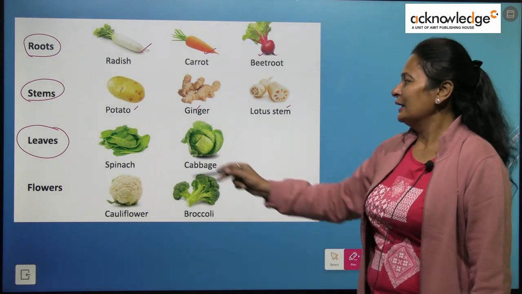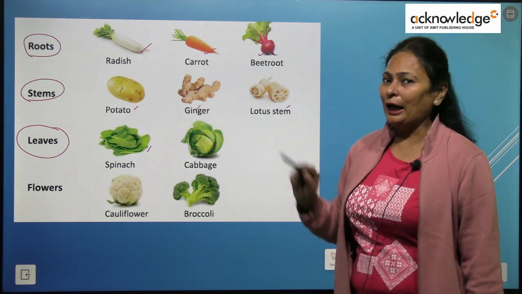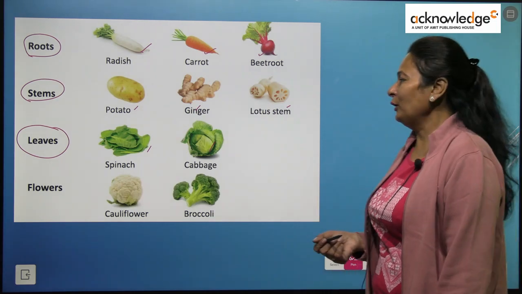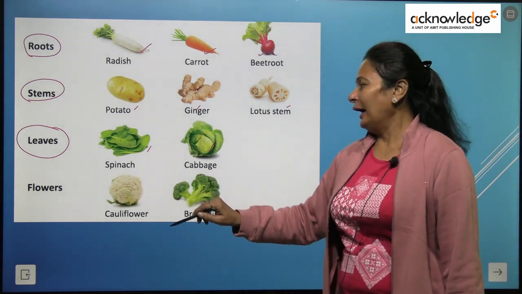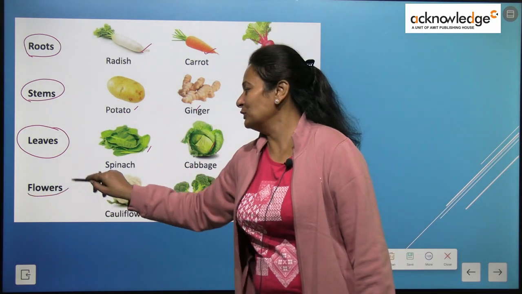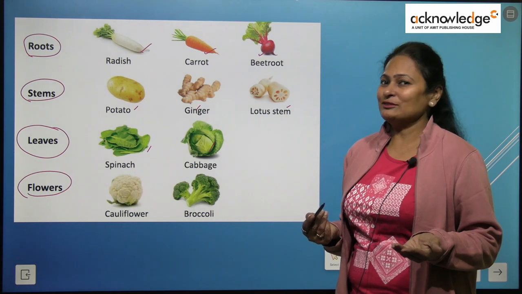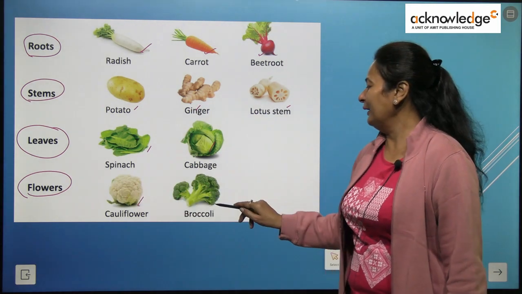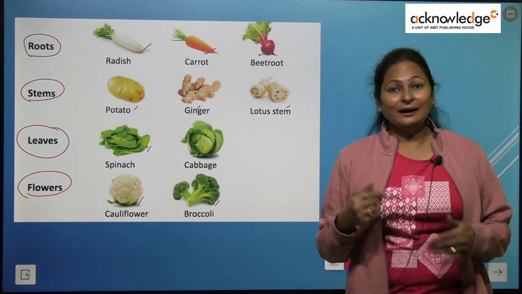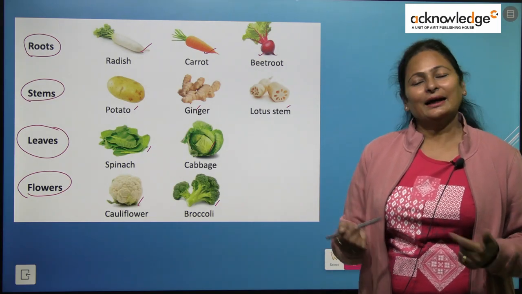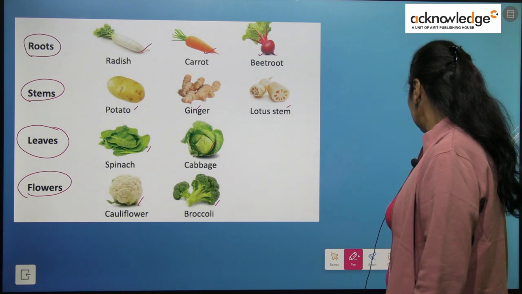So we eat spinach and cabbage as food or vegetable. And flowers, we eat flowers also. So what do we eat as a flower? Cauliflower and broccoli are the examples of flowers that we eat as vegetables.